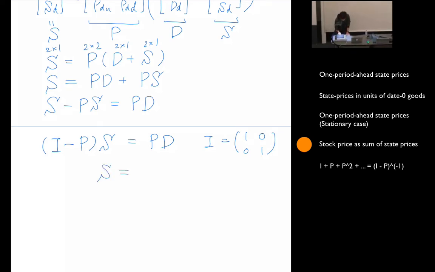Therefore, S is equal to, just multiply the inverse from the left. Okay, this is the answer.